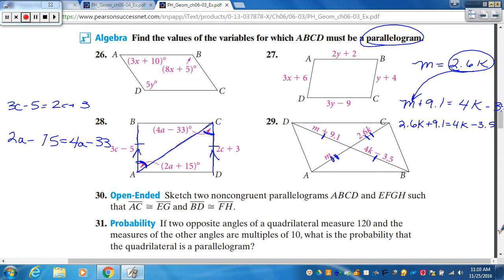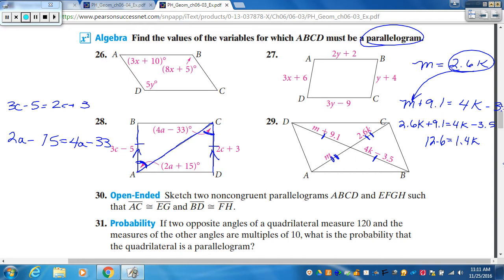Okay. Now, if I go ahead and add 3.5 over to this side, that gives me 12.6. Okay. And if I subtract 2.6k from both sides, I get 1.4k.